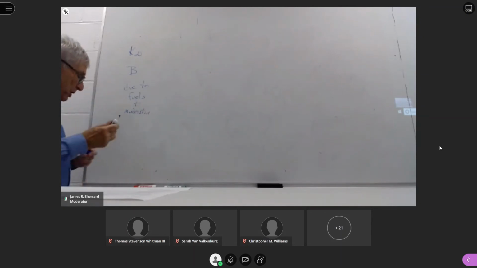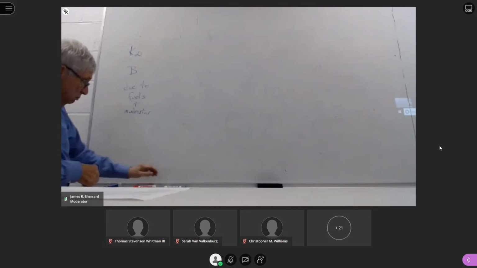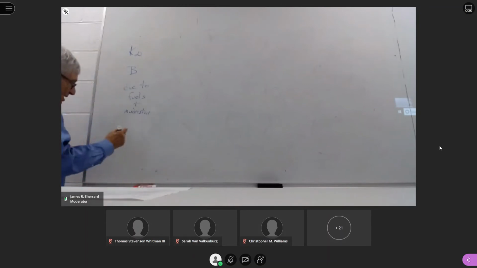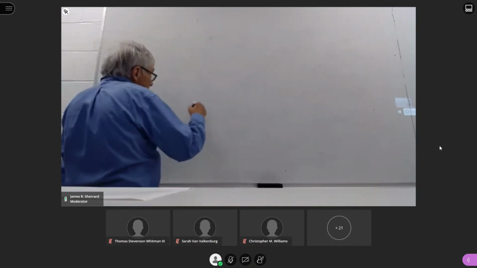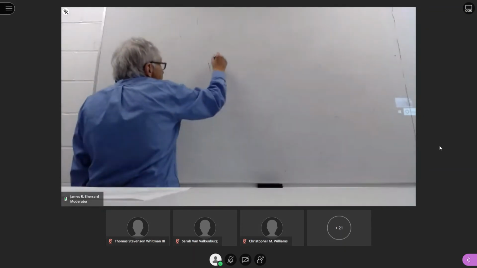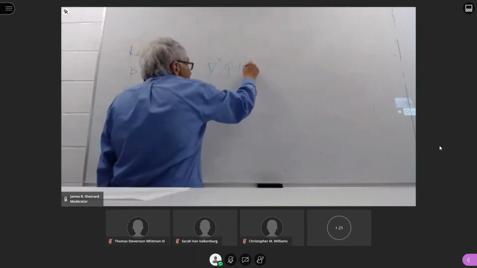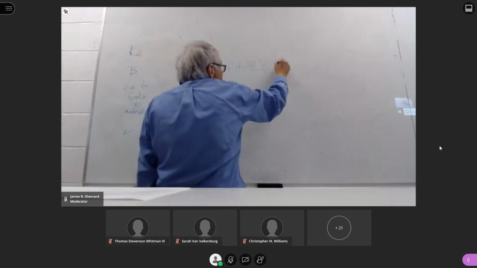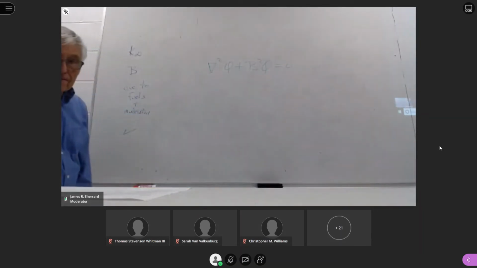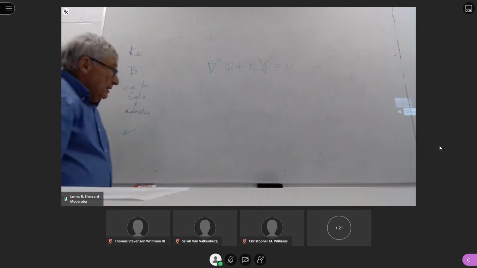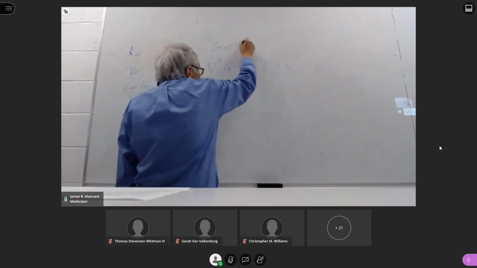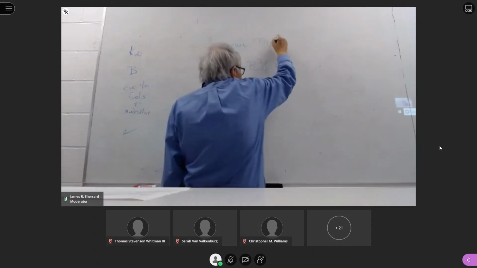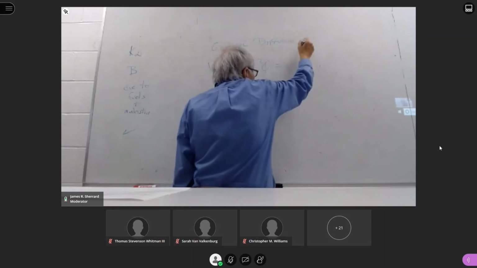When we developed the expression the other day for leakage, we ultimately came up with an expression that said, we said this is the general diffusion equation.